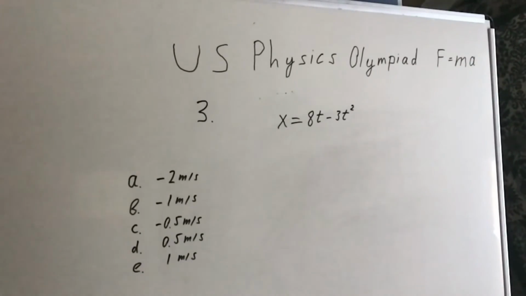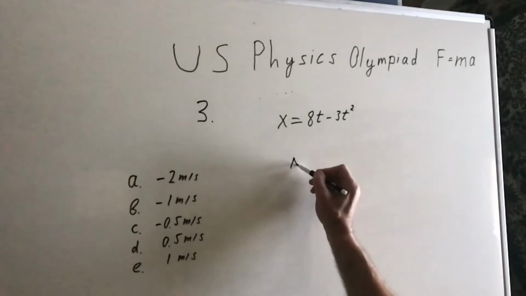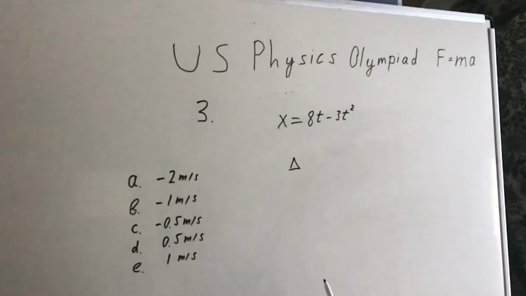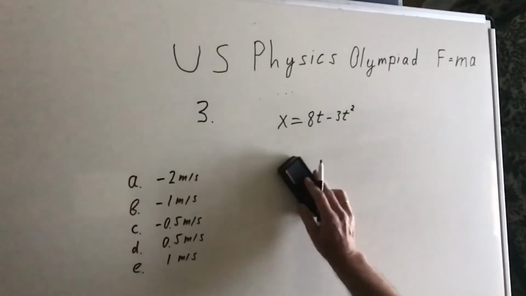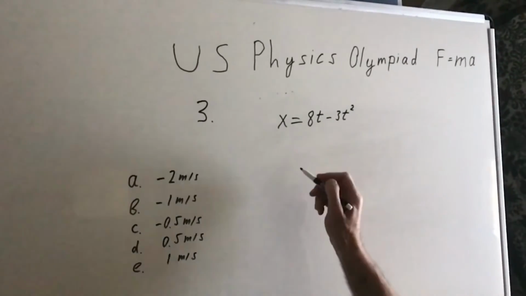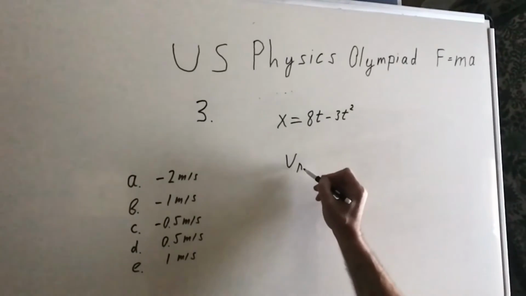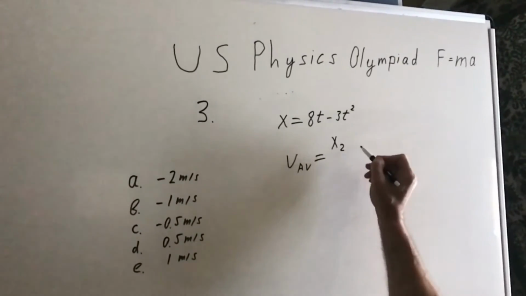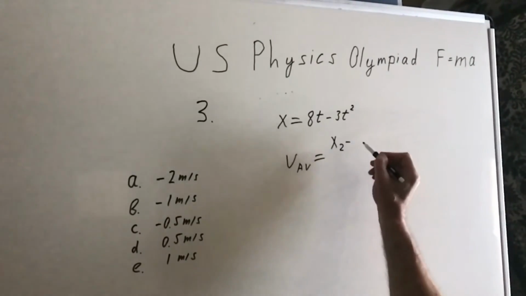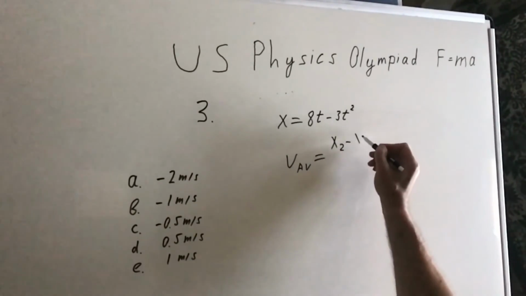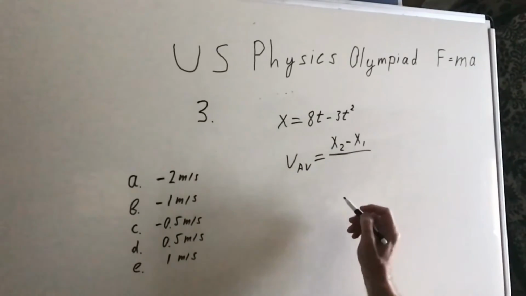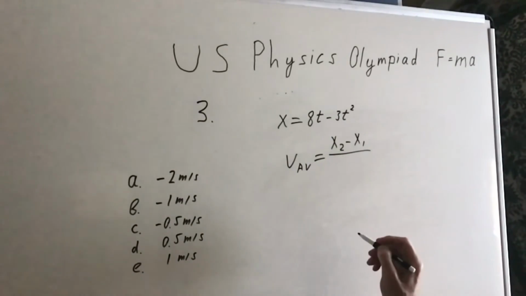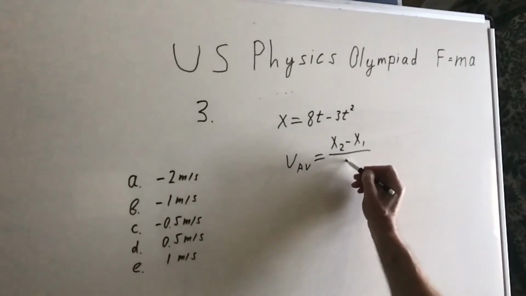So we just need to write the expression for average velocity, which is the coordinate at the last second minus the coordinate at the first second, divided by the time difference.